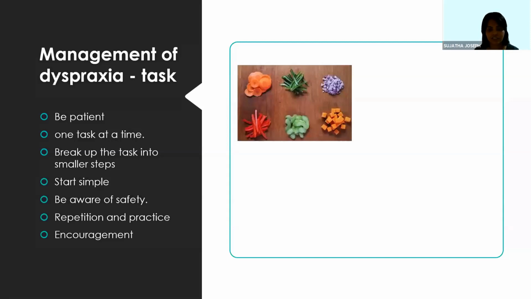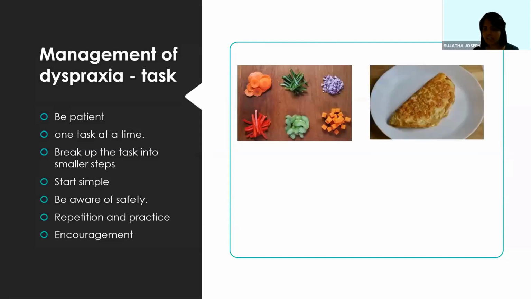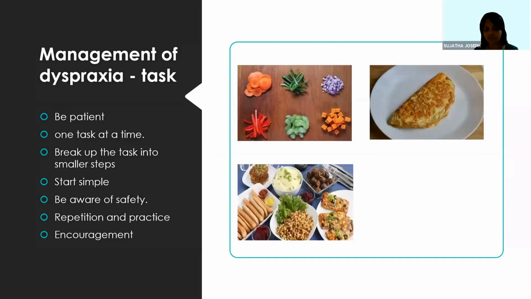Like first, gathering all the needed items, and then second step, cutting all the vegetables. One step, one simple thing needs to be done at a time, and breaking it into different components will make it easy for the patient to understand. Start with something simple. For example, in cooking, instead of asking the patient to make a complicated dish, start with a simple one.